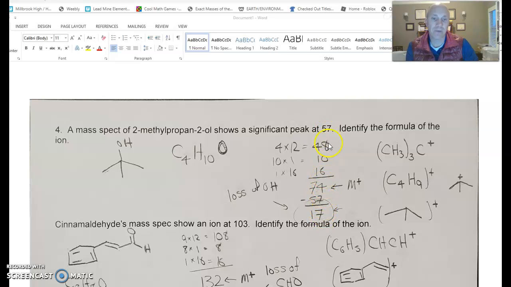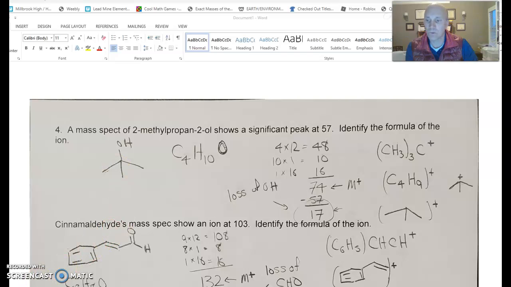But it says that you see a significant peak at 57, so let's see what we lost. If we subtract these, there's a difference of 17. That means something with a mass of 17 mass units was lost from our molecule.